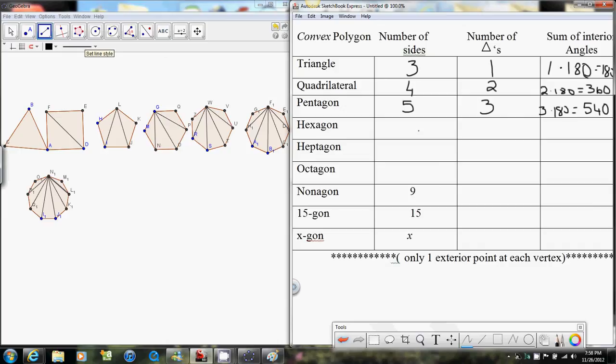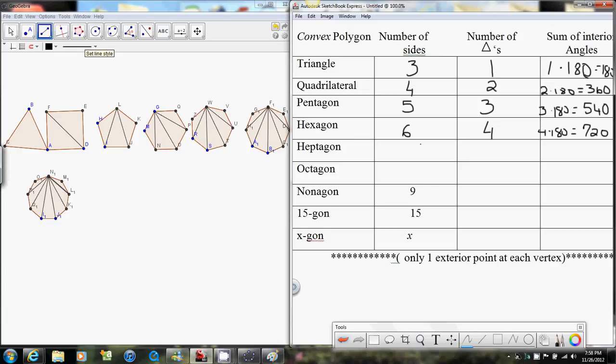Okay, the hexagon has 6 sides, and the number of triangles created were 1, 2, 3, 4 triangles. And so the sum of the interior angles would be 4 times 180, and that's 720 degrees.